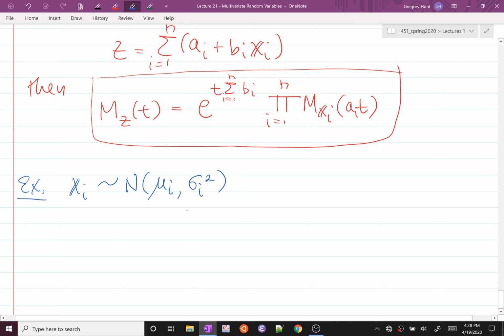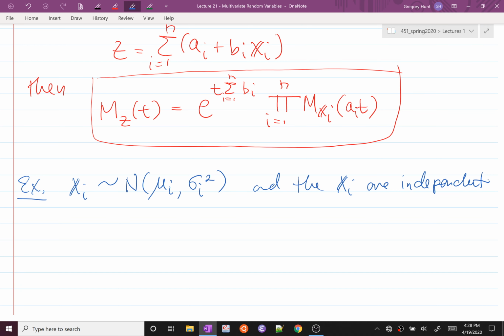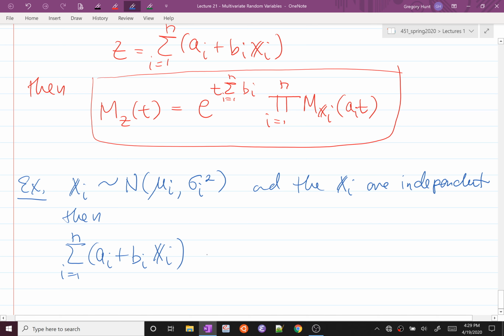So now all of these x sub i, we're going to say the x sub i are independent, but they all have different means, mu sub i, and they all have different variances, sigma i squared. Then if I look at the sum, let's say of a_i plus b_i x sub i, this sum is also going to be normally distributed.